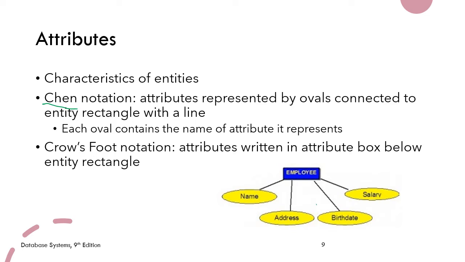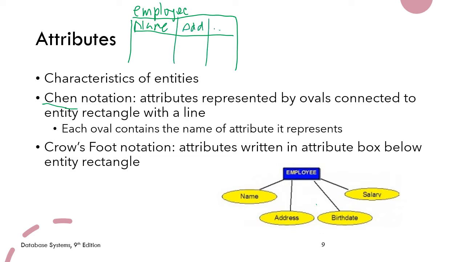Each oval contains the name of the attribute it represents. For example, an employee has the attributes name, address, birth date, salary. If it is in table form, then it is written like this: table employee with the attributes name, address, and so on.